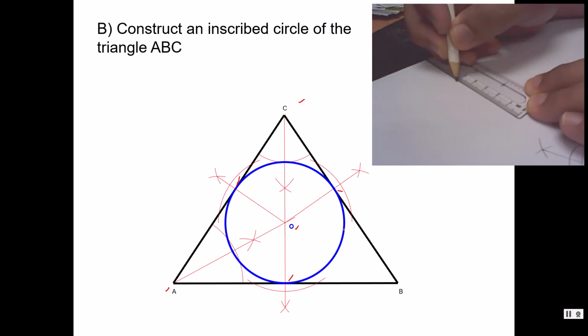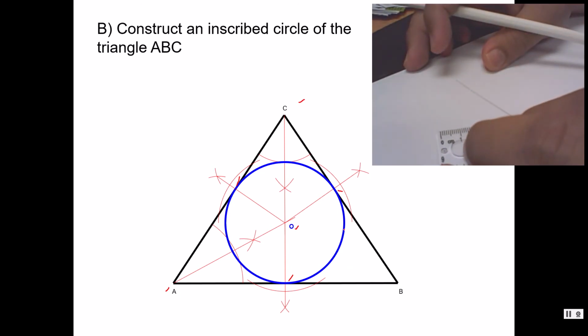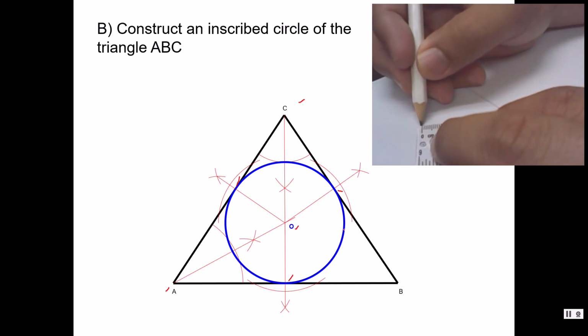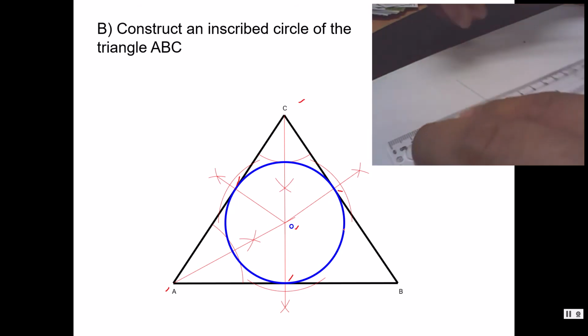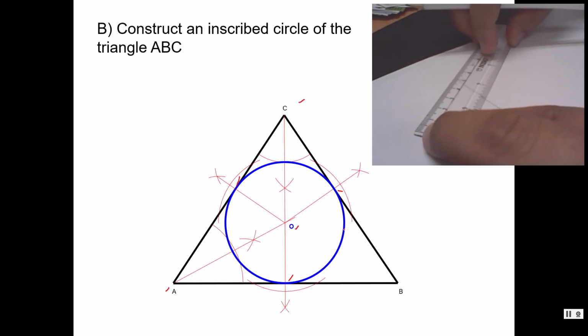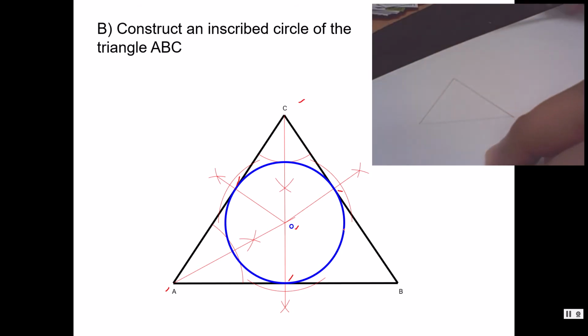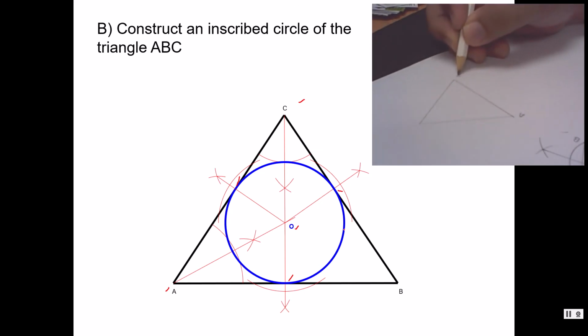Let's say you're going to draw 5, 5. Well, actually it should be the same, but anyway, just going to draw it like this. Okay, so now this is A, this is B, this is C.